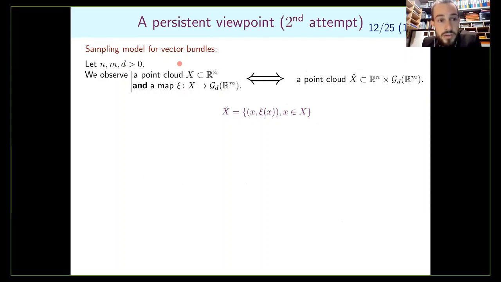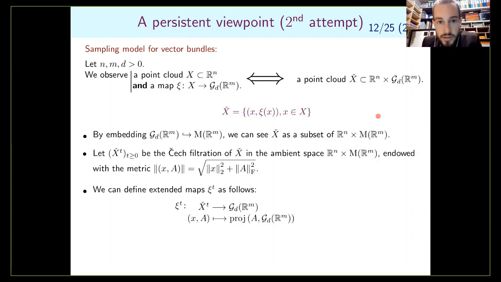If you have this model, just consider the set X check, the lifted set, to be the set of pairs, one Euclidean point and the corresponding subspace. This gives you a point cloud in this product. And from now on, we will use this sampling model.